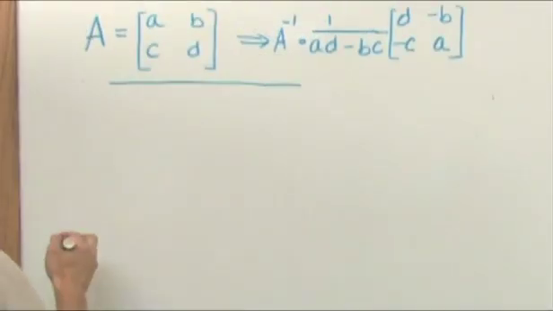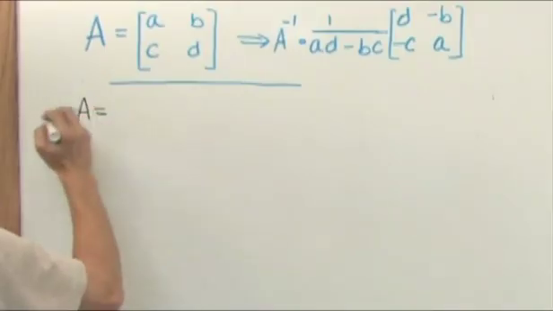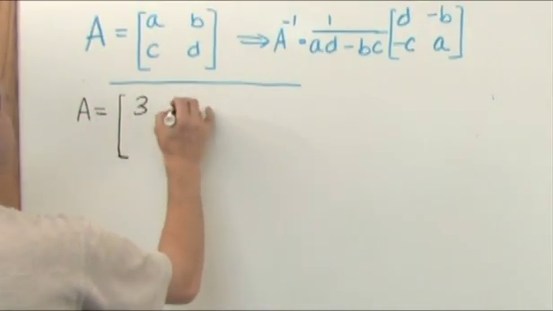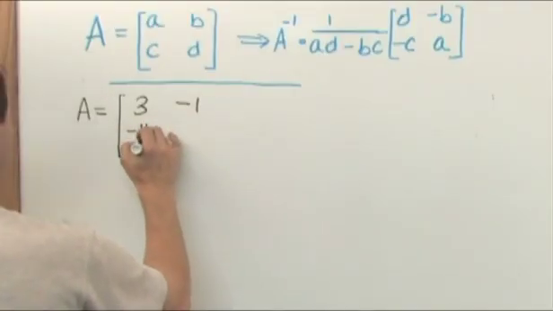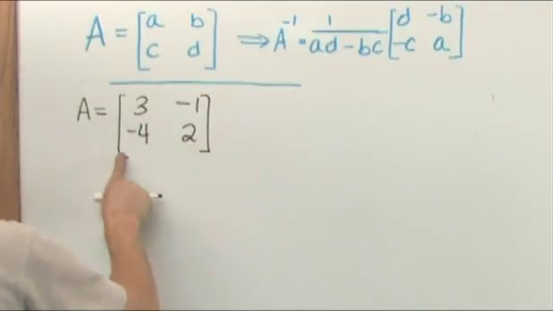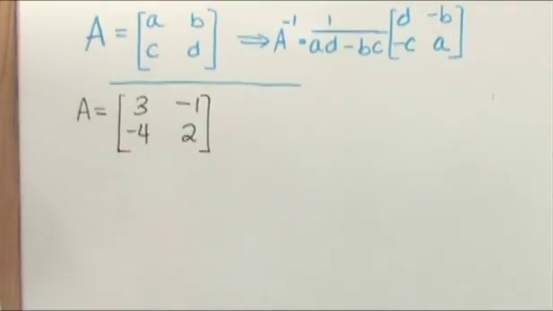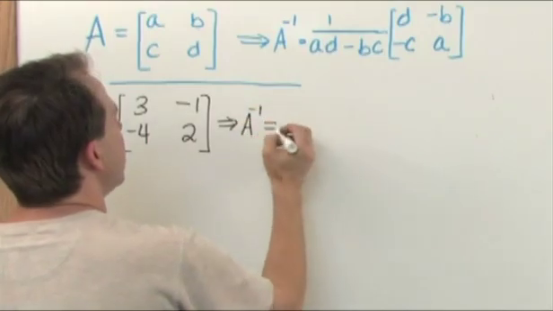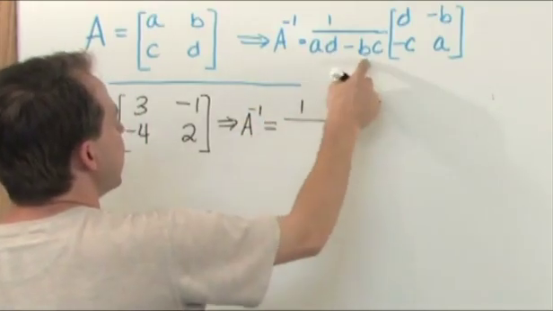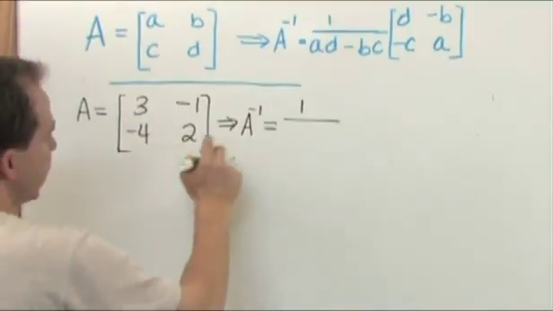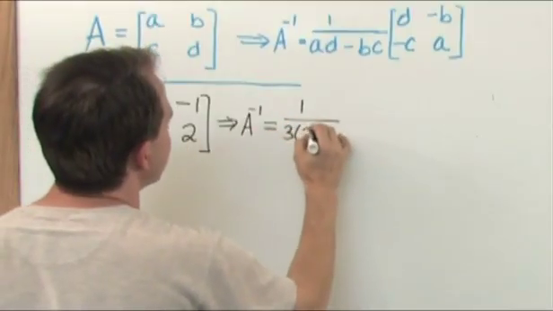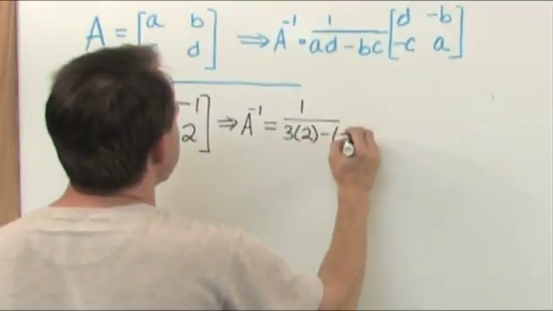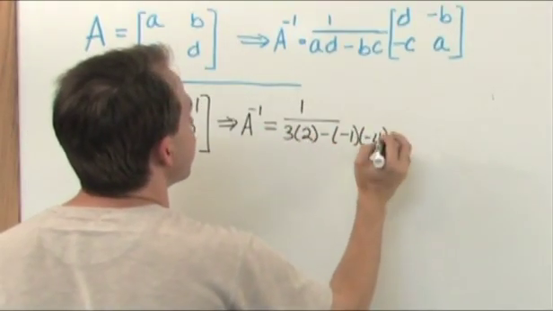Okay, so to get a little more practice, what if you have a matrix that looks like this: 3, negative 1, negative 4, and 2. And you were going to try to calculate the inverse matrix. Well, you would go 1 over AD minus BC. So A times D is 3 times 2 minus B times C, which is negative 1 times negative 4.